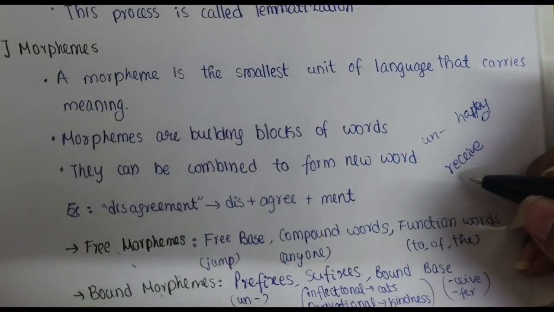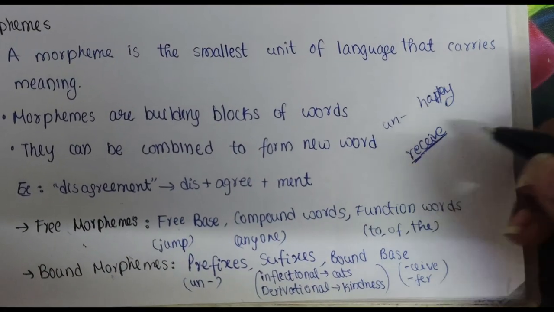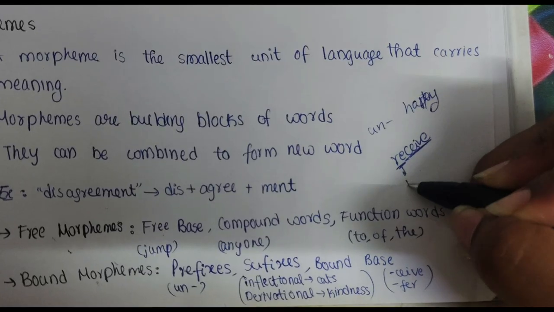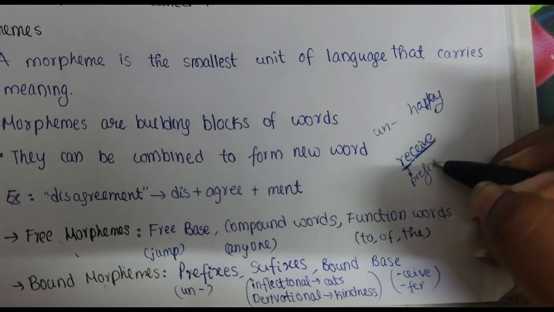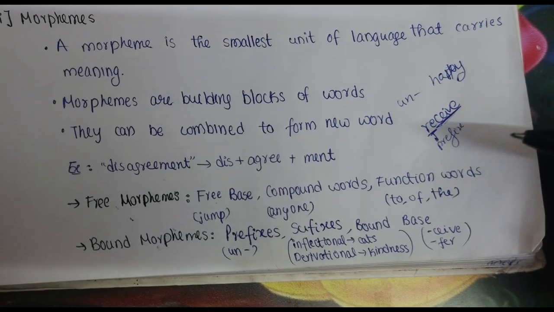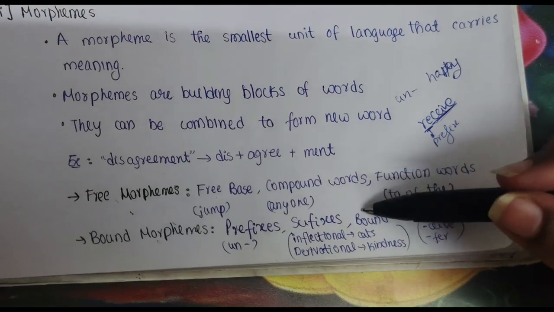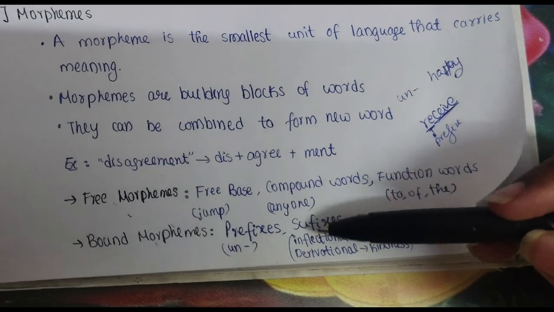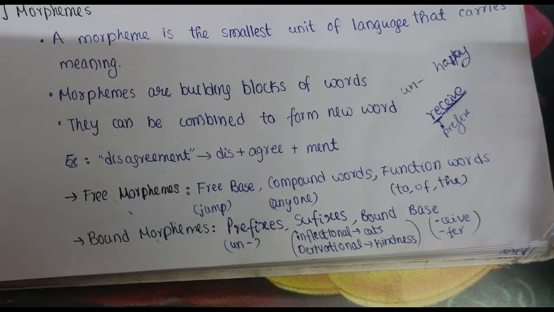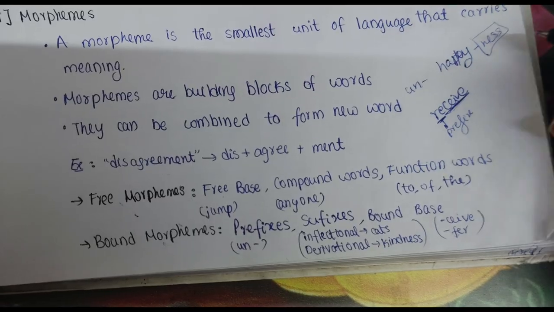In this, re would be the prefix and ceive would be the bound base. In transfer, trans would be the prefix and fer would be the bound base. Suffixes we know, ness is a suffix, like in unhappiness.